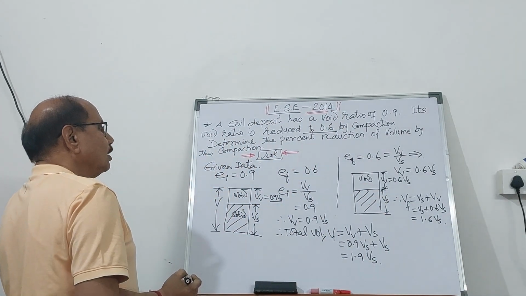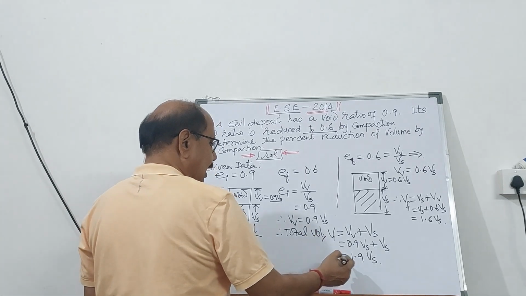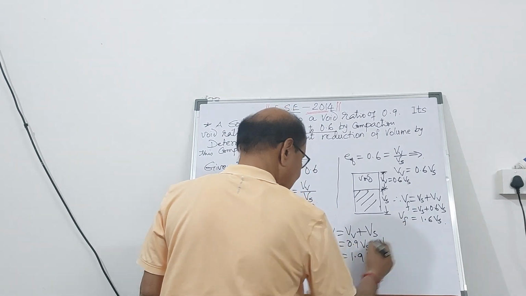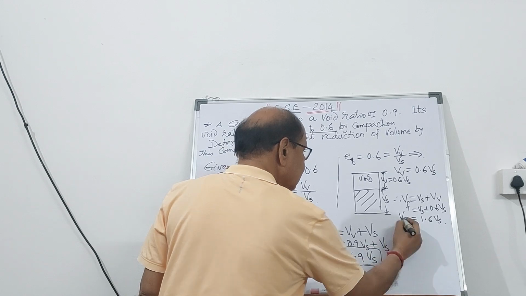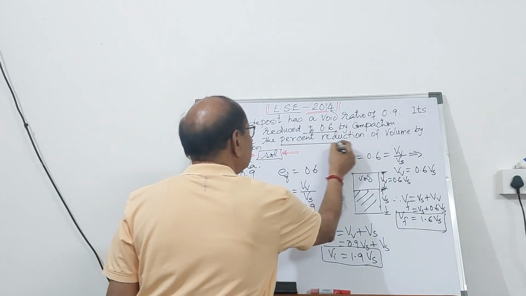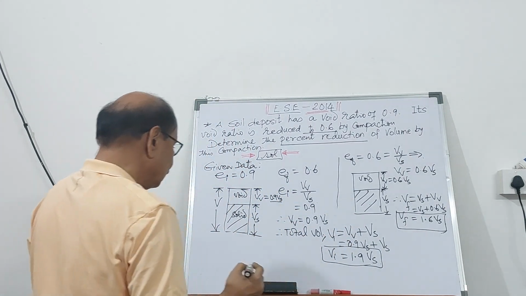Now, having got the initial volume and the final volume, Vf and Vi are known to us. Therefore, you can find out the percent reduction of volume by compaction.